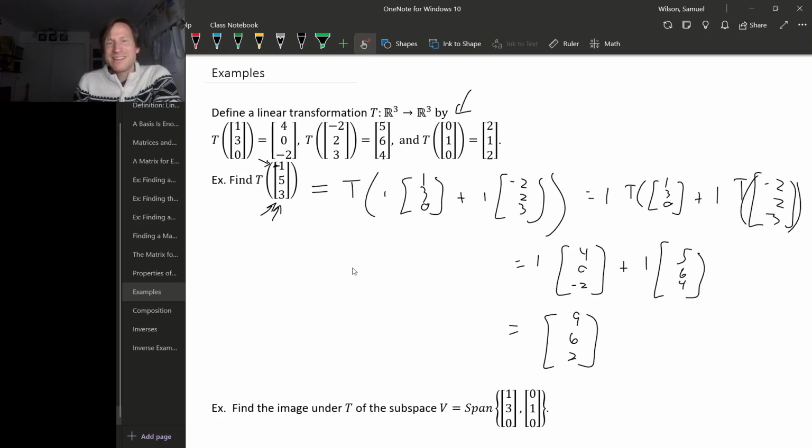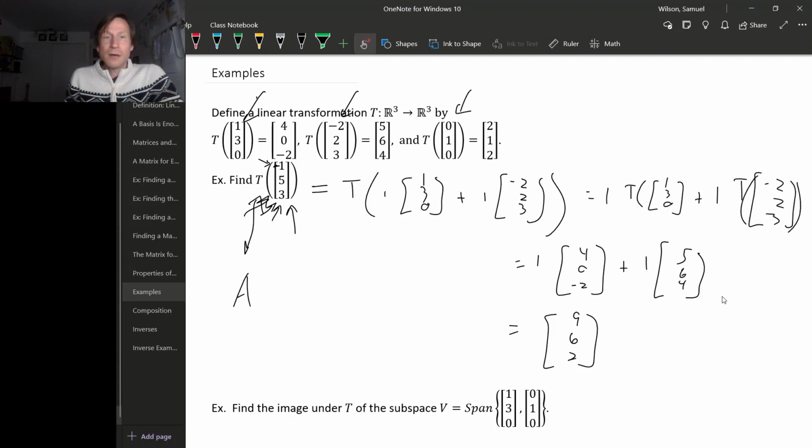And we're done, right? Since we noticed that this input vector was a nice linear combination of these two, we didn't have to work out the whole full-blown matrix that represents the linear transformation. Of course, this won't always work, but if you happen to notice that you have a nice linear combination, then this is a great shortcut.